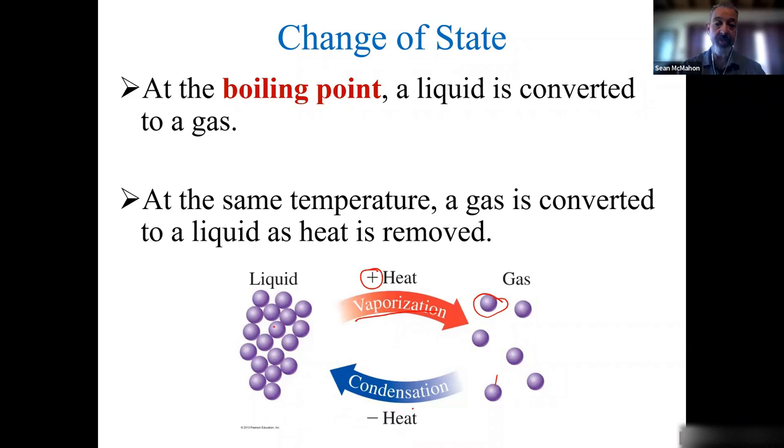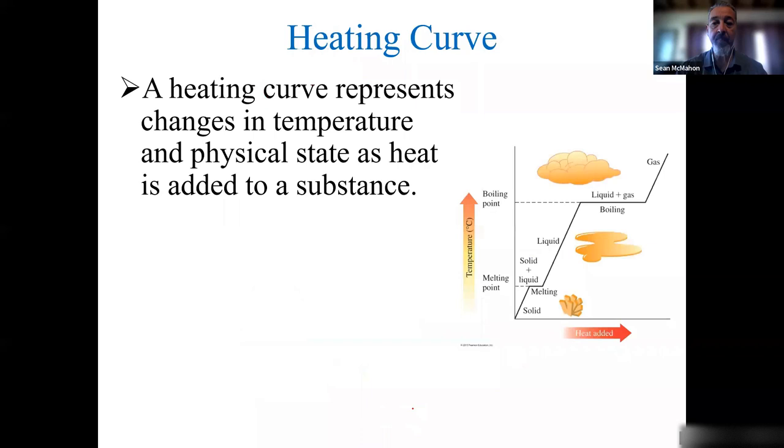So at the same temperature, a gas can be converted to a liquid if you remove the heat, right? A liquid can be converted to a gas at the same temperature if you add heat. So that's tricky for people. So to help understand that, we use what are called heating curves, and the curves help us understand it a little bit better. So the changes in temperature are typically positive slopes when we heat things.